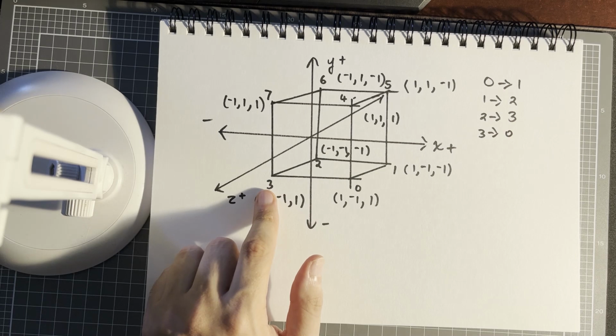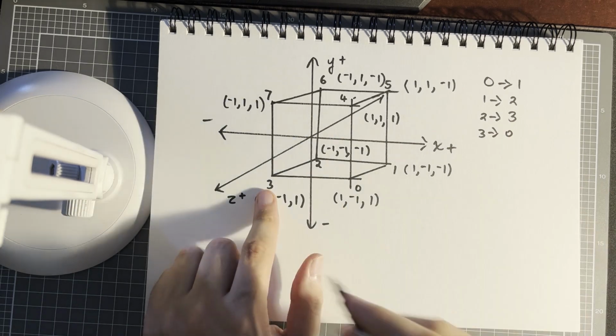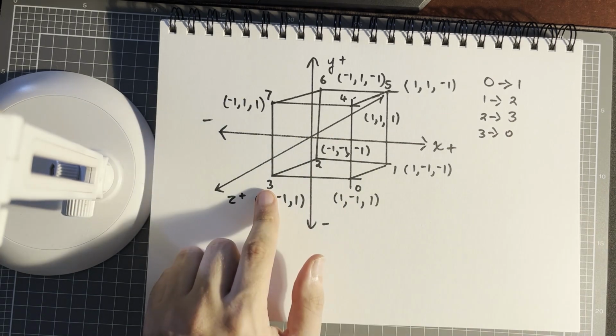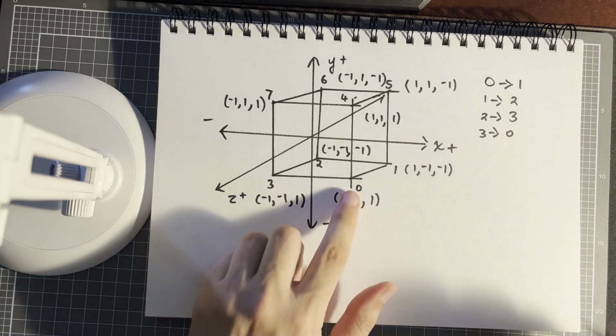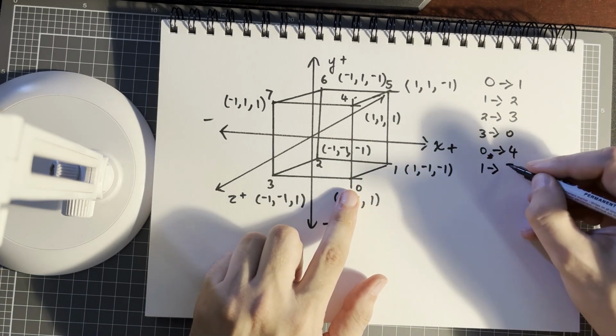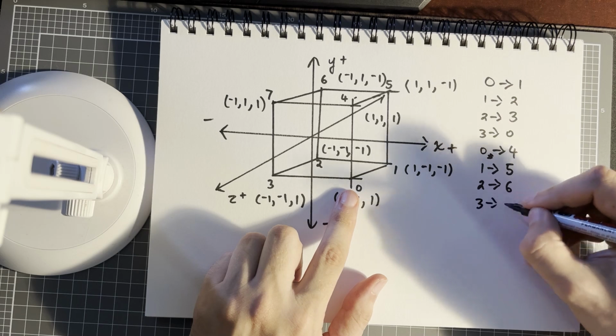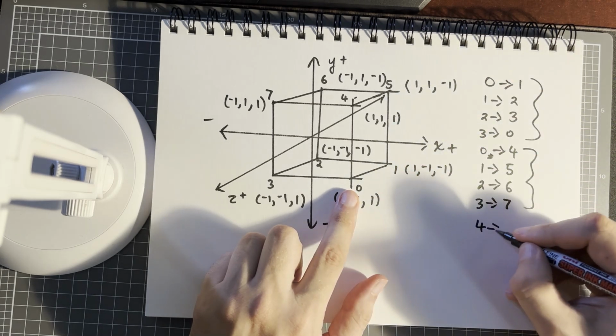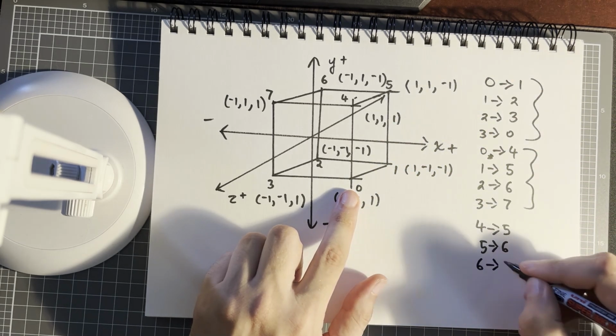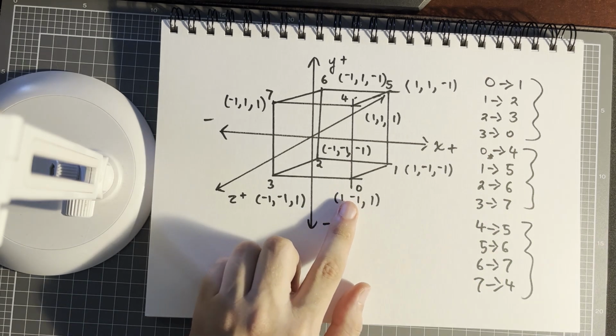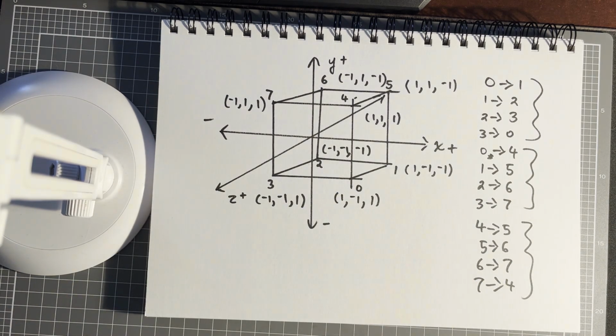So what I'm going to do is I'm going to basically write out all of the corner pairs. Okay, so those are all my pairs.